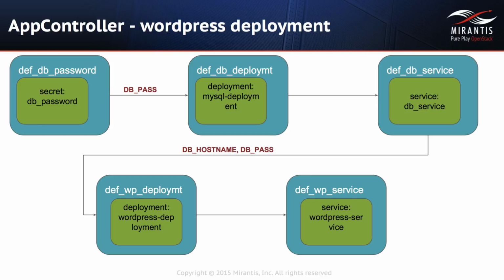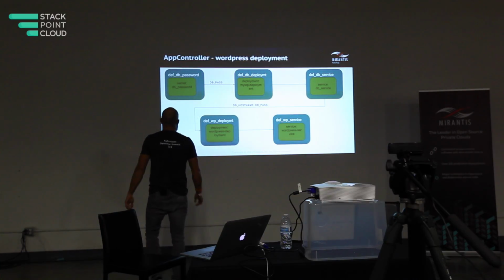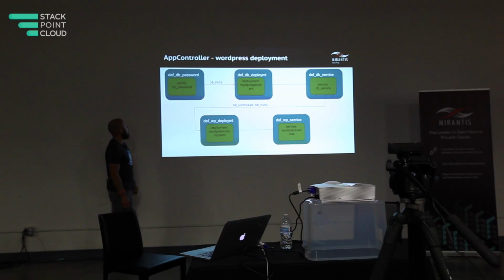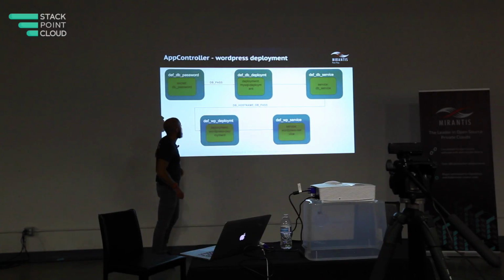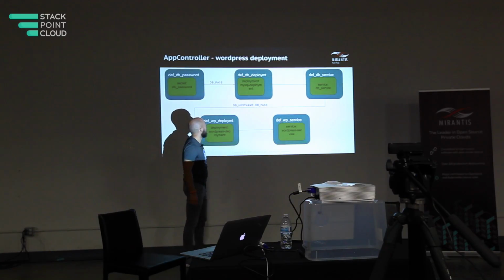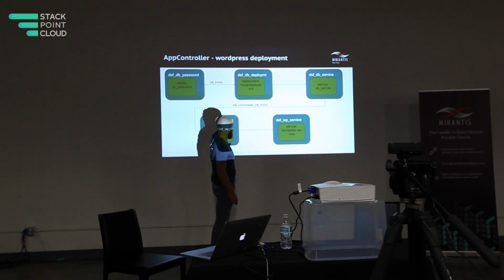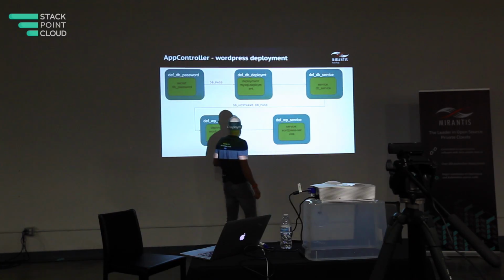Our application is going to consist of, let's say, 3 layers. The first layer is going to be the database password in the form of a Kubernetes secret. This password will need to be created before the database deployment, and the database will consume this password to set the password for the root account in the database, and then it will create the database service.